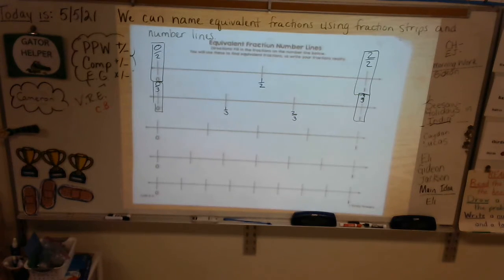When you're done, you can hold your paper up and let your neighbor look at it and make sure that you both are in agreement on how to label those fractions.